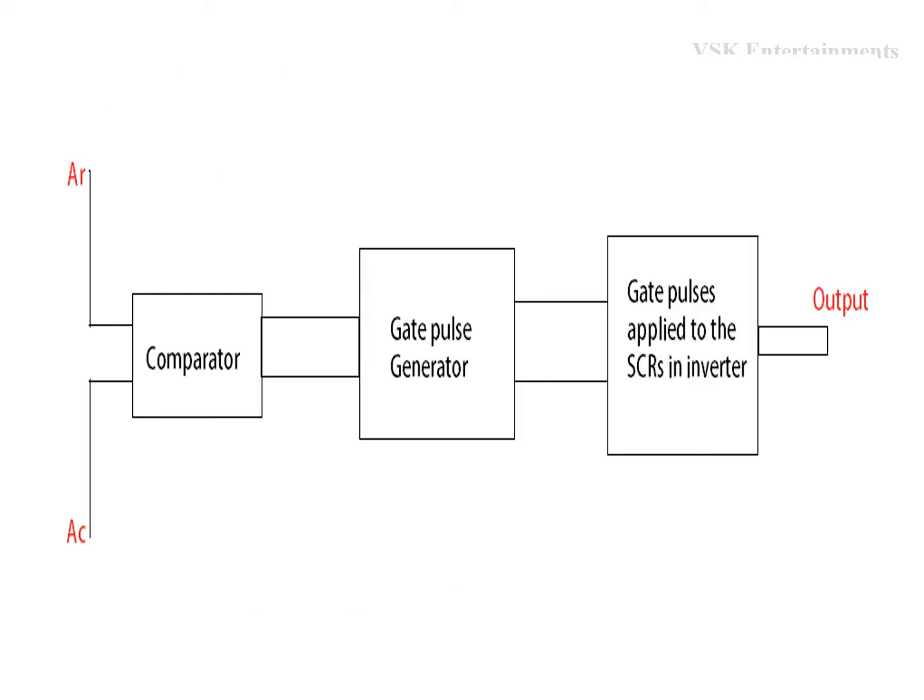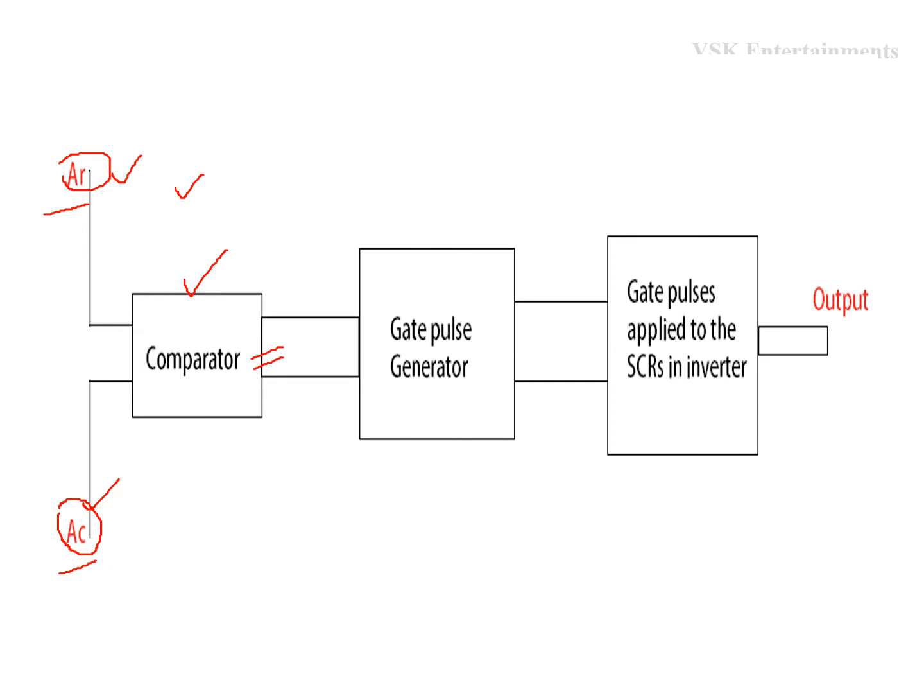That is the pictorial representation of the concept of the PWM technique. Here AR is the magnitude of the reference signal and AC is the magnitude of the carrier signal. Using a comparator, we compare the reference signal magnitude and the carrier signal magnitude. Depending upon these magnitudes, the comparator generates the error signal.